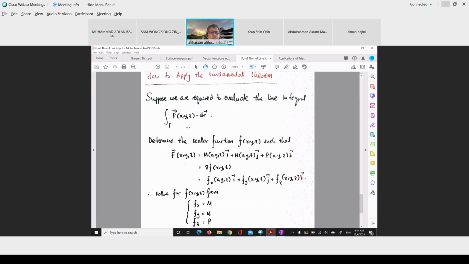Suppose F is a vector field Mi plus Nj. There is no vector k here because we are dealing with a two-dimensional space, where M and N are continuous functions of x and y having continuous derivatives in omega.